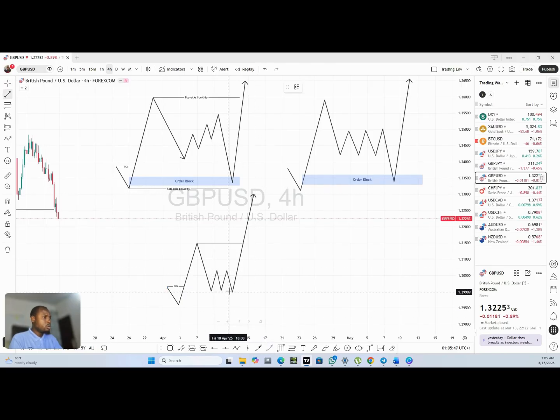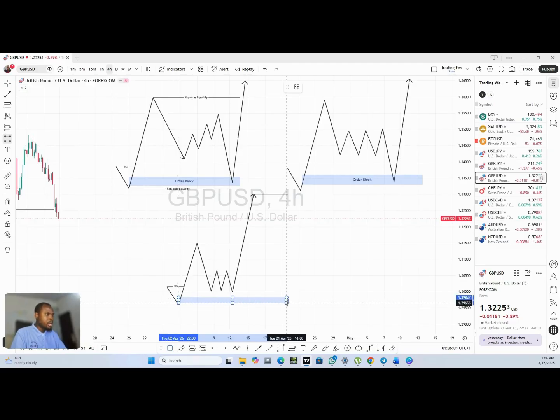You are not going to consider here as your daily range in this scenario, because here you have what we call the extreme level here and the extreme order block.